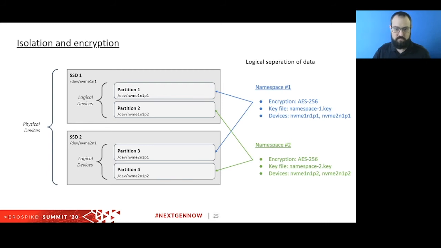So what that means from a data protection standpoint is each namespace provides data isolation from other namespaces. If the user credentials or the encryption key for namespace number 1 was compromised, the data stored in namespace number 2 is still protected separately. So you have that isolation, depending on the use case or the sensitivity of different classifications of data, you can create that isolation.